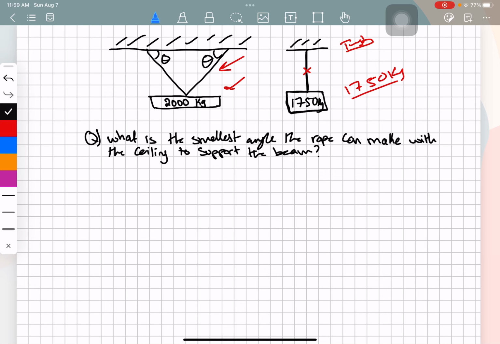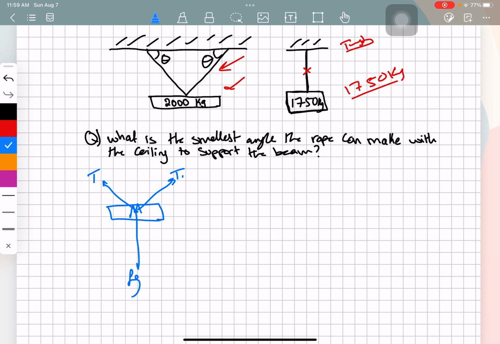Well, first we draw a free body diagram. Here we have the big beam, and we'll call this big M. What are the forces acting on it? First you've got your tension T, and here you've got the other tension, and you've got your FG. The FG should be bigger than this, so that's your FG.